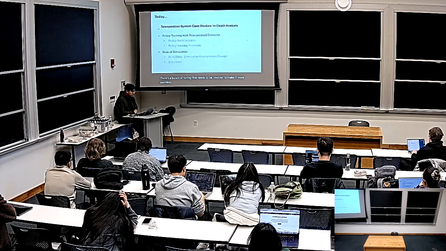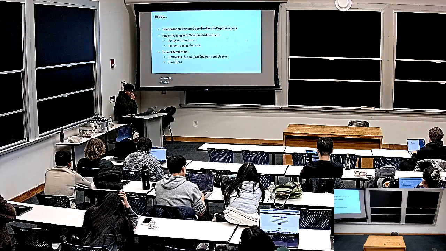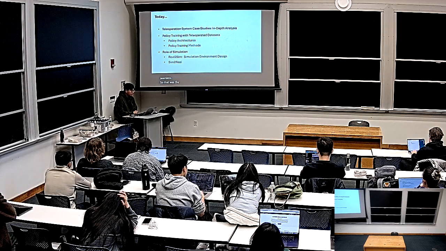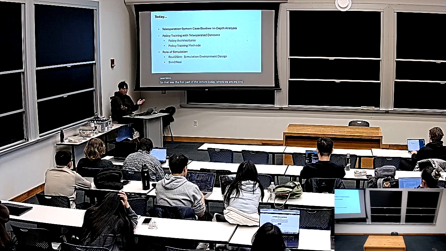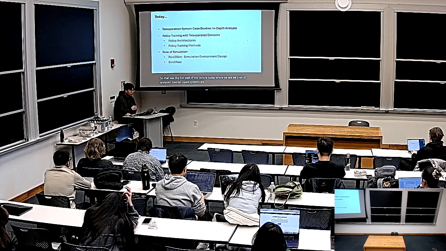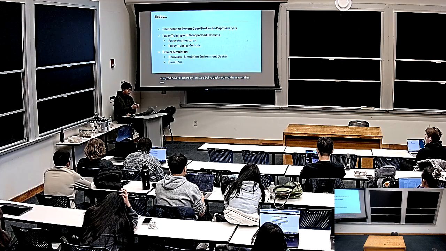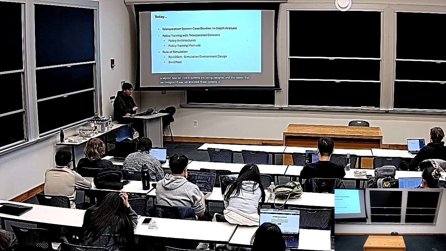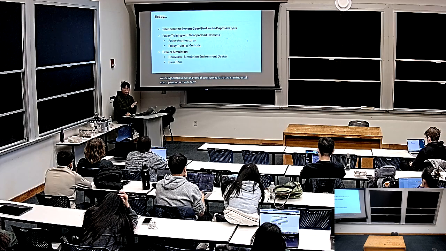Cool. So that was the first part of the lecture today, where we analyzed how teleoperation systems are being designed. The reason we analyzed these systems is that, as a reminder, teleoperation is the de facto standard way of generating robot datasets in general.